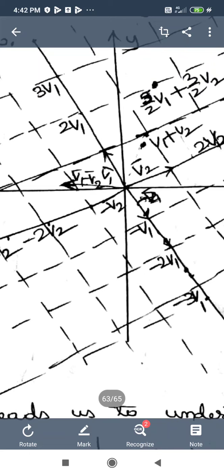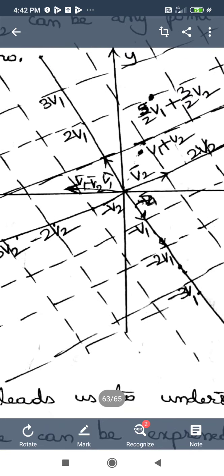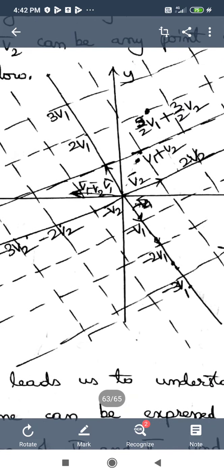If this is so, as we have seen in the earlier geometrical figures or diagrams, minus v1 bar plus v2 bar is the point where I have mentioned just a point. I have not drawn any line there. I have just mentioned the point.